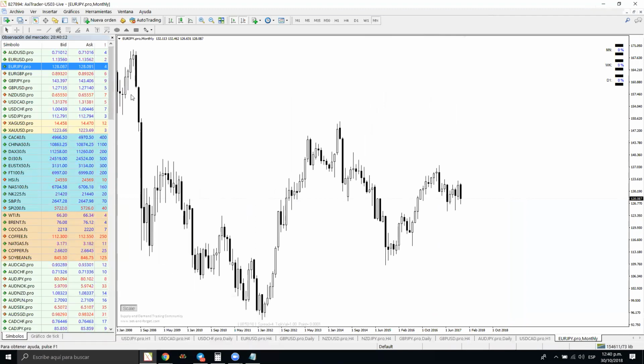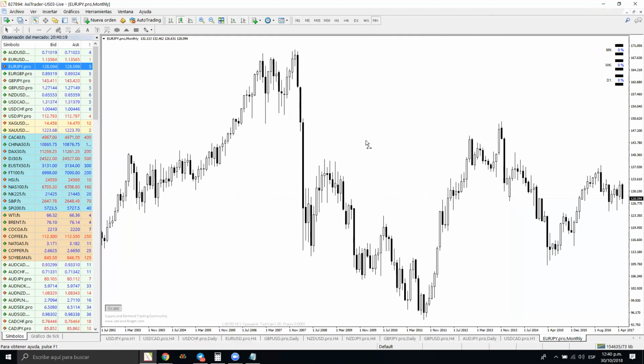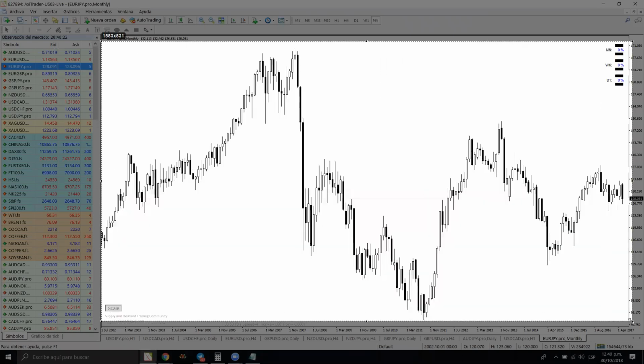In this case, the first thing I'm going to do is watch what the pair has been doing in all its history, and this is too easy. Okay, let's start drawing. I recommend that you use any tool like here to have a clear idea about it. So we can begin. The price begins to make this structure.